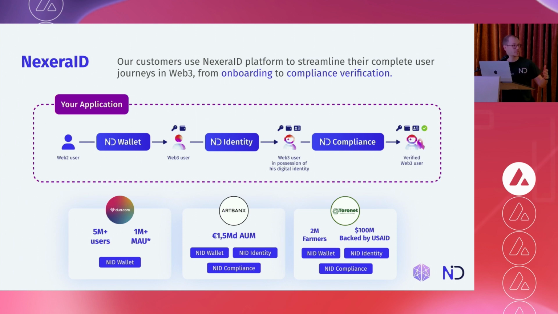So our customers are using either one of those modules or all of them to handle the whole user flow. And today we will speak mostly about our identity and compliance modules and our experience with developing these tools.